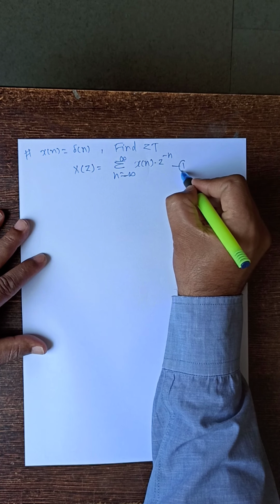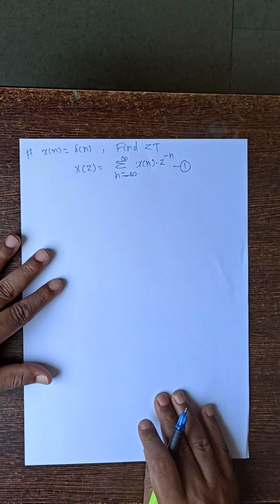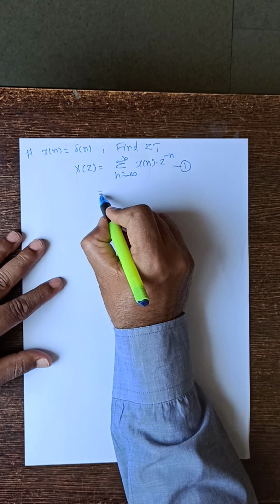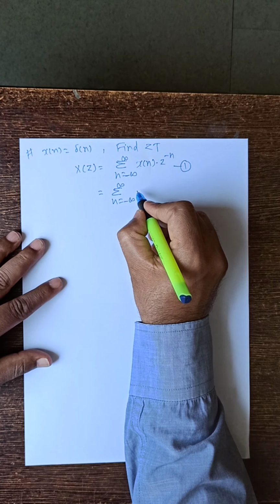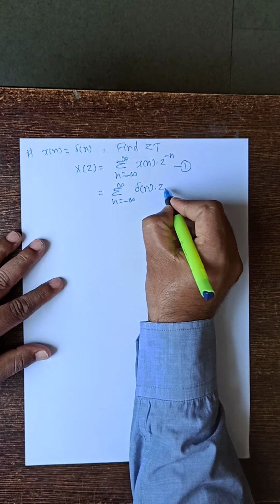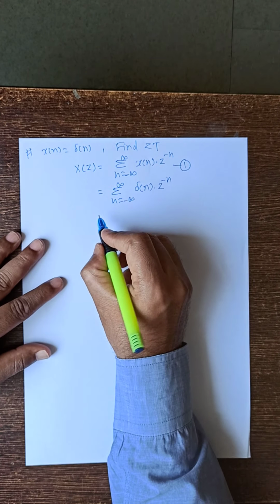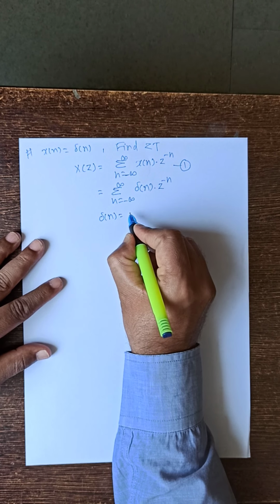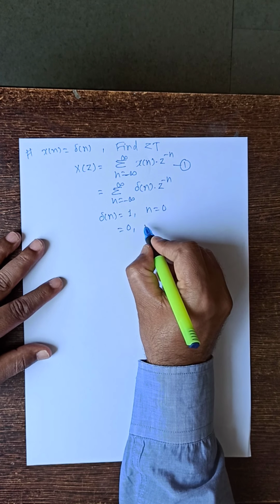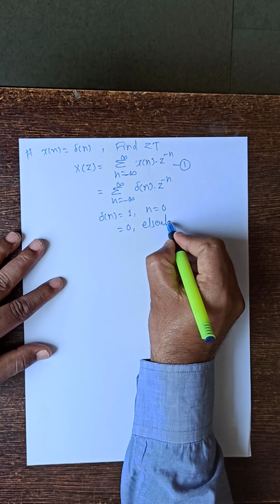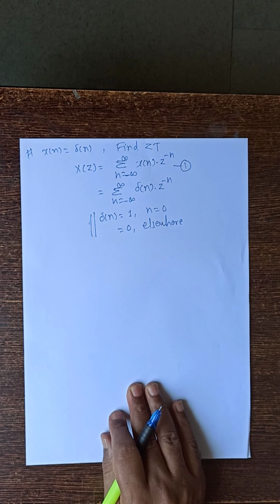Let it be equation number 1. Now put the value of x(n), that is delta n, in the summation of delta n z raised to minus n. What is delta n? That is the unit impulse. So delta n is equal to 1 for n equals 0, and equal to 0 elsewhere. That means delta n is only available at n equals 0.